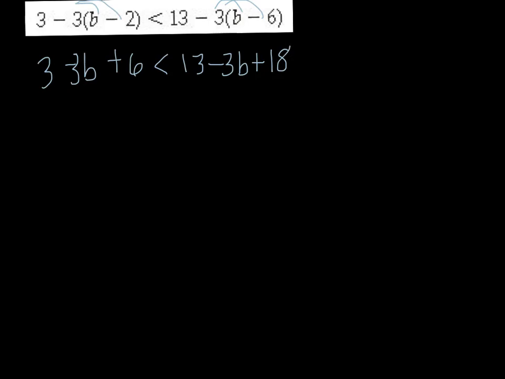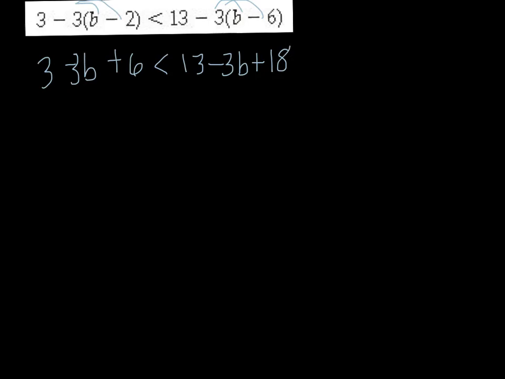Let's look at one more. I'm going to distribute the negative 3. So 3 minus 3b plus 6 is less than 13. Distribute minus 3b. Negative times negative is plus 18.